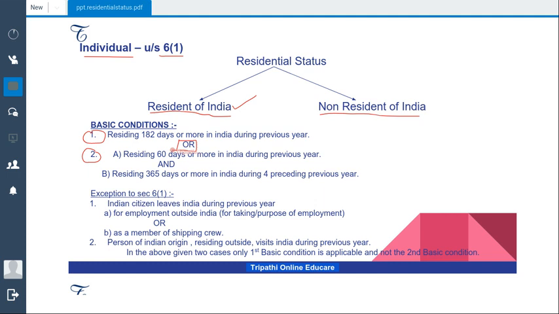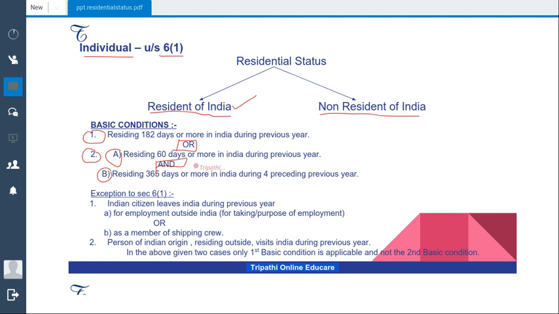You cannot jump directly to the second basic condition. But if you're going for the second basic condition, there are two parts in it, part A and part B. You will have to fulfill both. It is not an option, it is mandatory to fulfill both parts of the second basic condition.